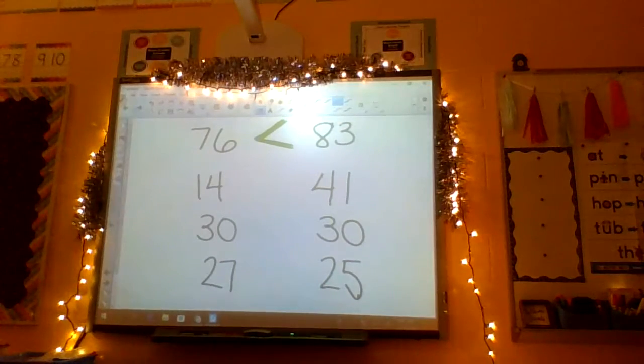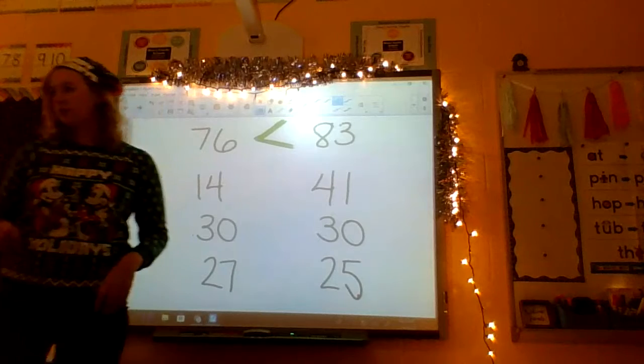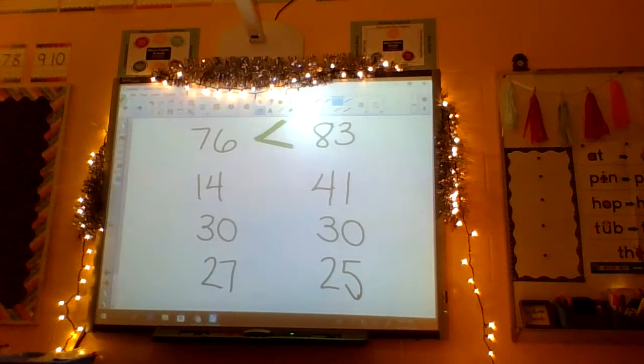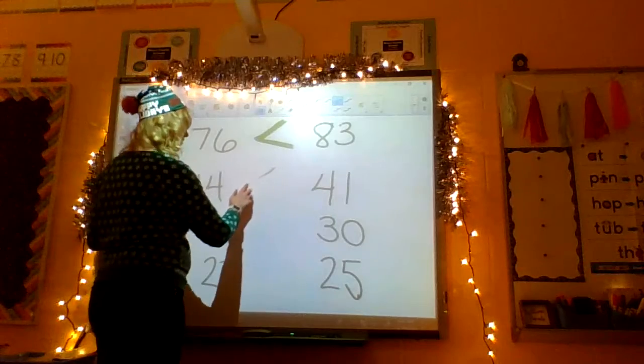Who could read me my next number sentence? Where'd my green marker go? Go for it, Jack. I could just use my finger. You're muted. Say it again because you were muted for part of it. 14 is less than 41.